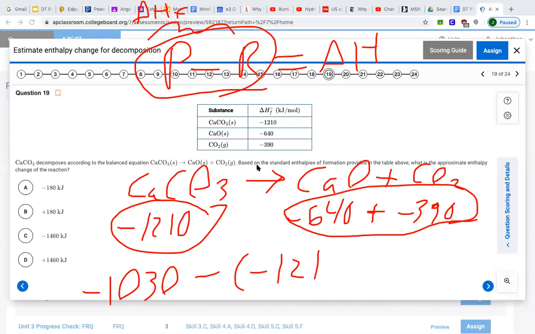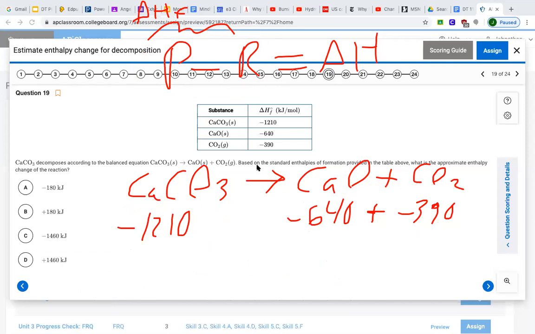Okay. So in this reaction, what we have is CaCO3 turns into calcium oxide and CO2. Okay, great. And so the heats of formation of calcium oxide and carbon dioxide are negative 390 kilojoules per mole for carbon dioxide, and then negative 640 kilojoules per mole for calcium oxide.